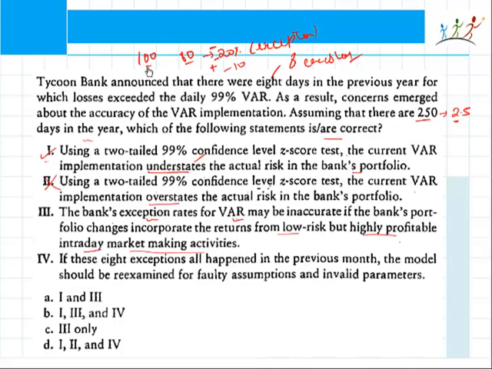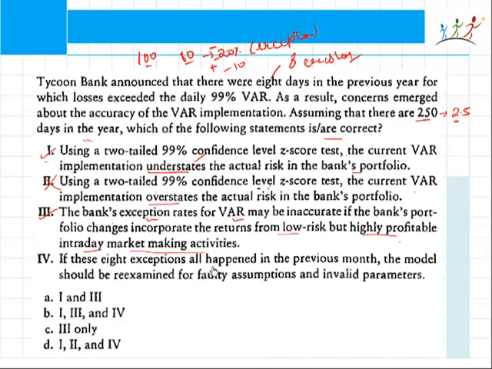If we just use the end of day portfolio values, probably it was an exception. But with the market making activities, probably this value was not an exception and this number of 8 may have been reduced. So the exception rates can be inaccurate if there are returns from low risk but highly profitable intraday market making activities, which is enhancing our returns.